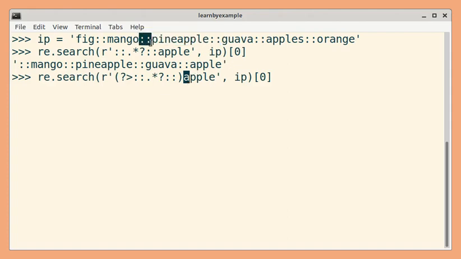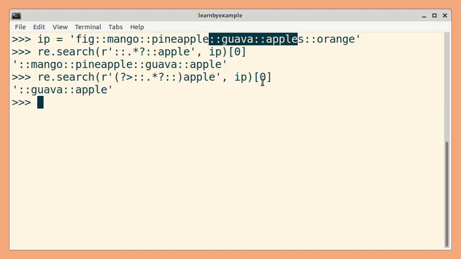So this also fails. Now the engine will move to this part. So this group is satisfied, and then the next 5 characters are apple. So this is satisfied, and that is our desired output as well.